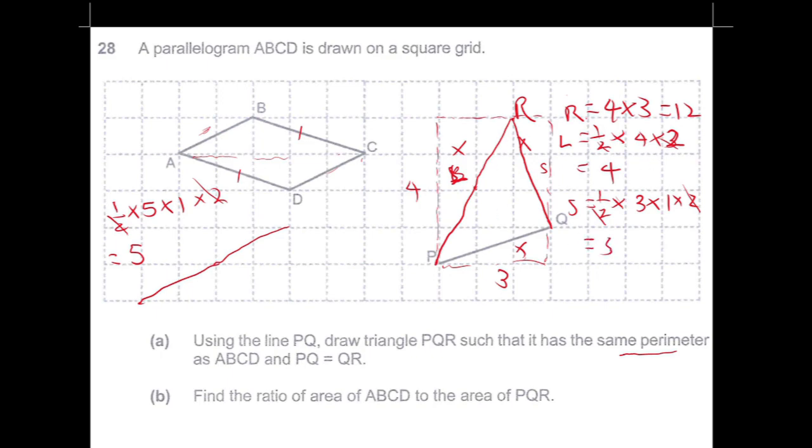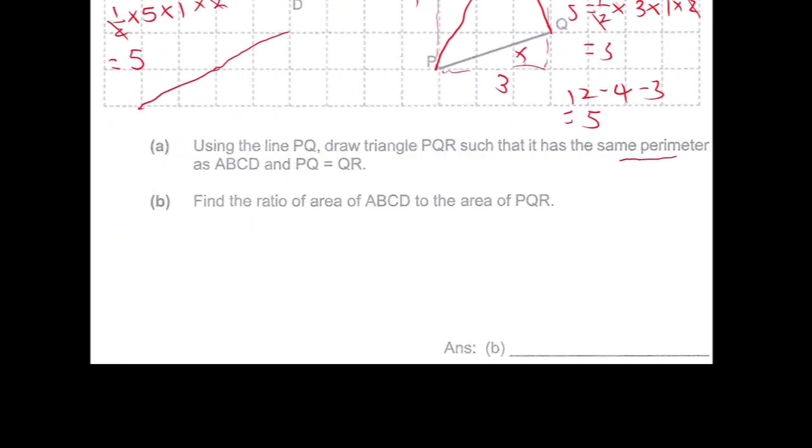So the area of this triangle inside here is 12 minus 4 minus 3, which is 5. Which means that the ratio is 1:1 because it's 5:5. So the answer is 1:1.